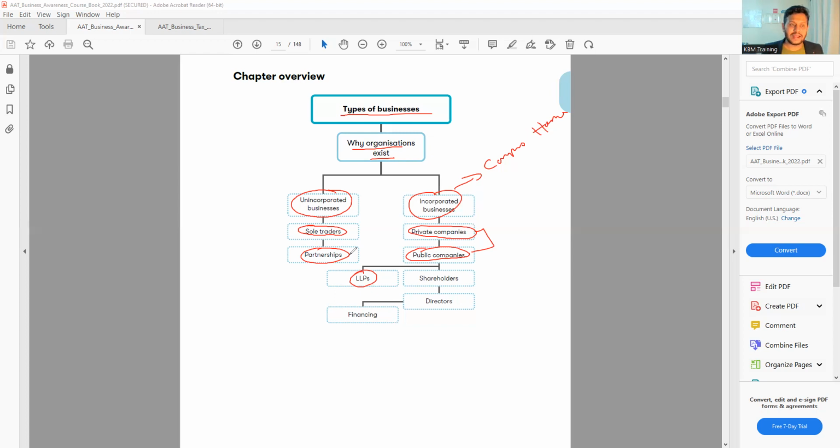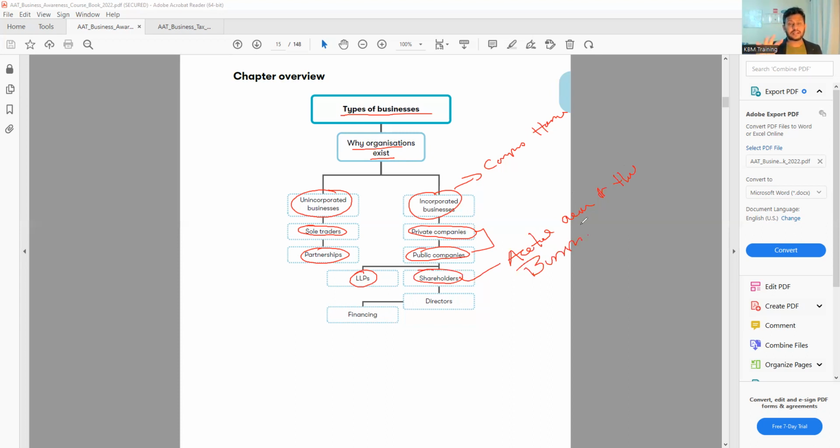The next one we have, we call the shareholders. Now the shareholders are the actual owners of the business. Now, sometimes we get confused.